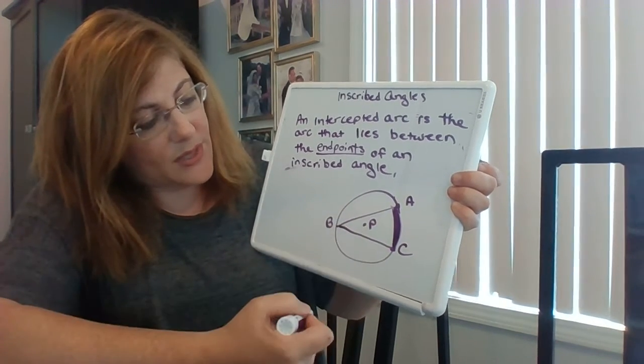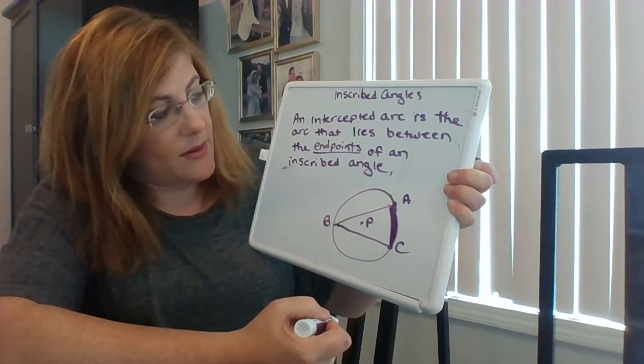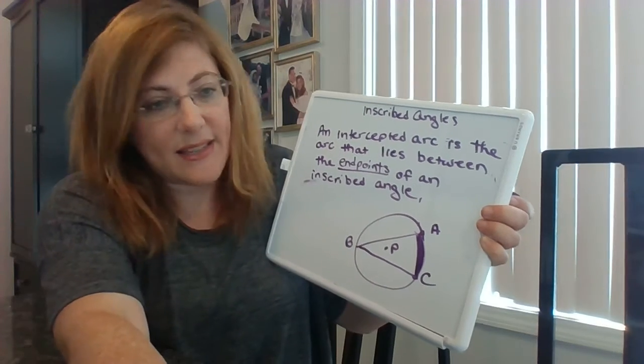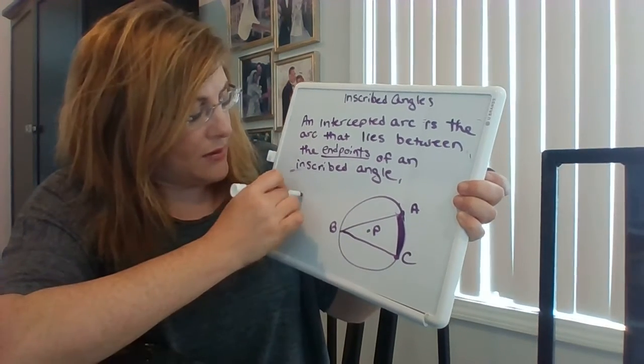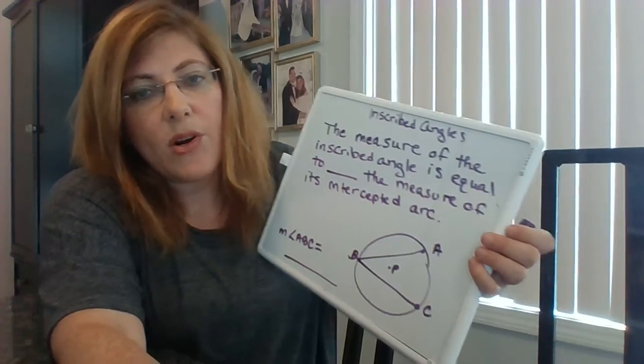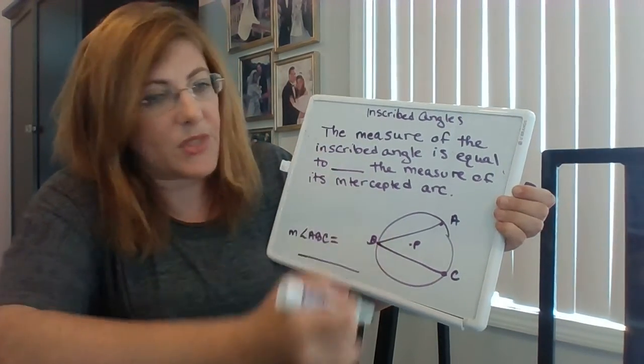Point A and point C are the endpoints of inscribed angle ABC, and the intercepted arc is arc AC, and that's written like that.